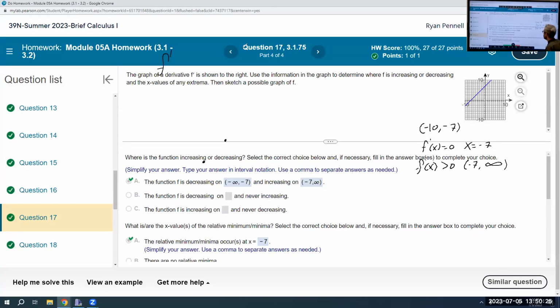Well, the function was decreasing from negative infinity to -7. It's talking about the original function, not the derivative, so you have to see where the derivative was negative: from negative infinity to -7. Where is it increasing? From -7 to infinity, where the derivative was positive.